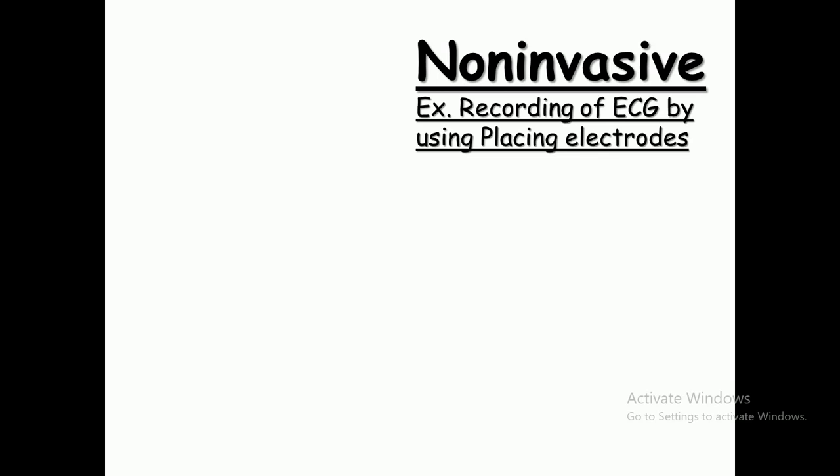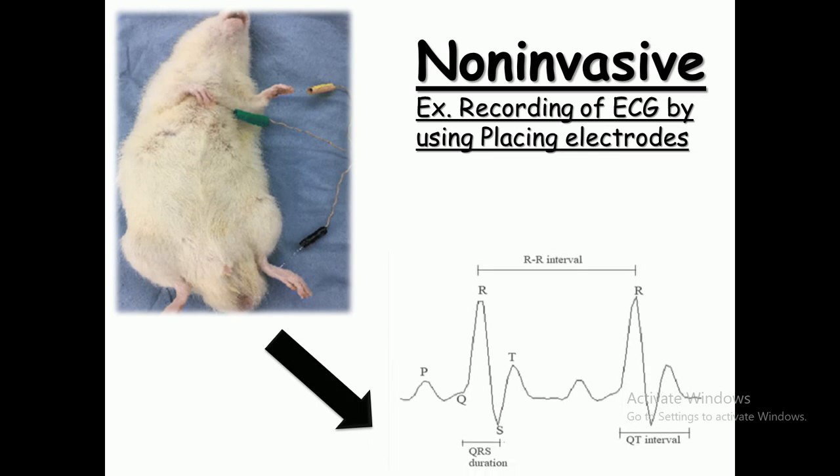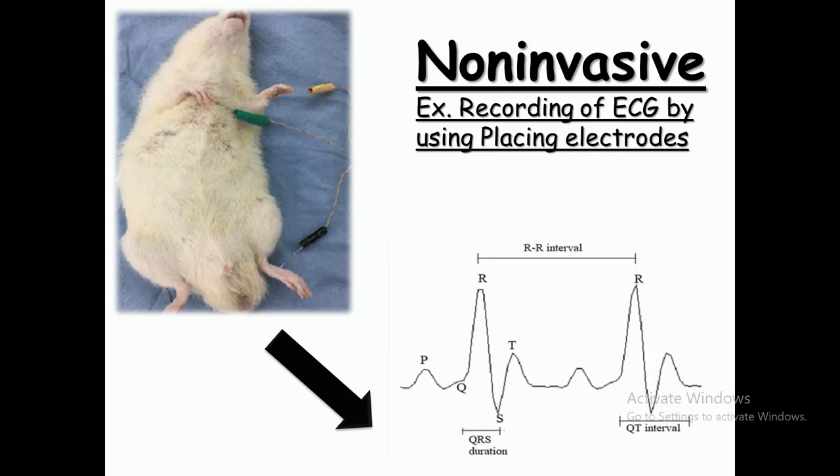By using two electrodes, we can easily place them on the left and right paw, and ultimately we are able to get the ECG by anesthetizing that particular SD rat. So we can get the ECG using a non-invasive method. What is meant by non-invasive? Non-invasive procedures do not involve tools that break the skin or physically enter the body.